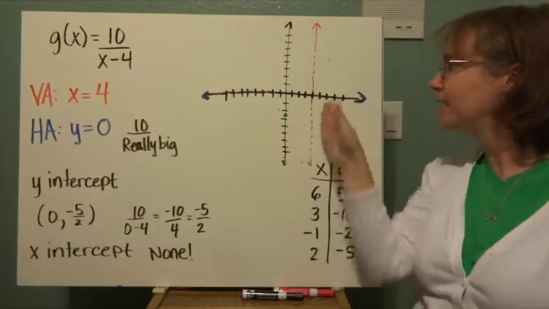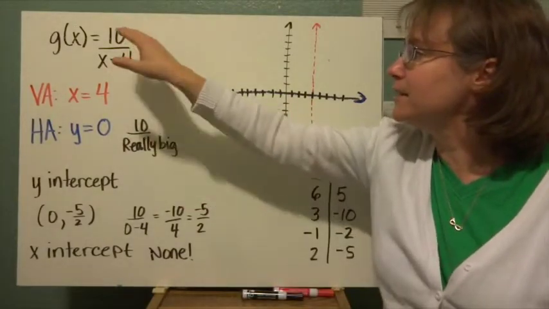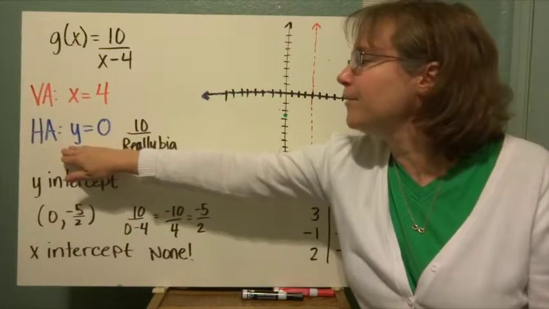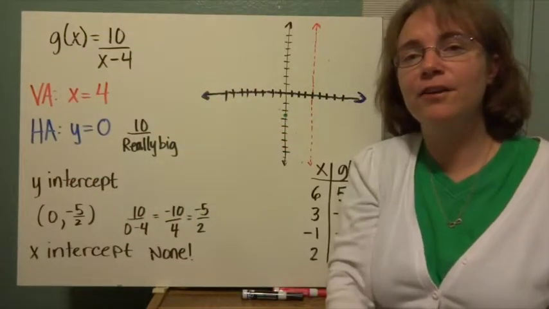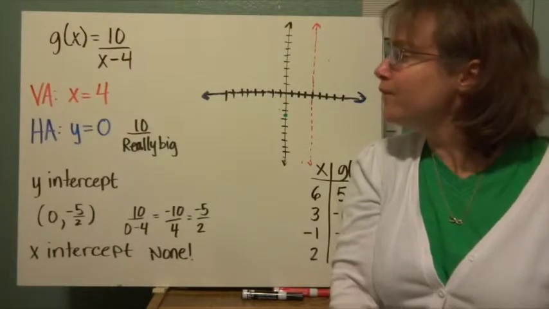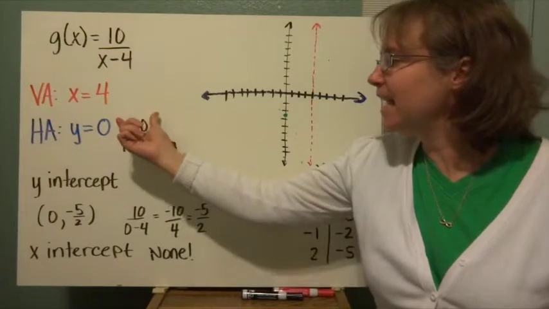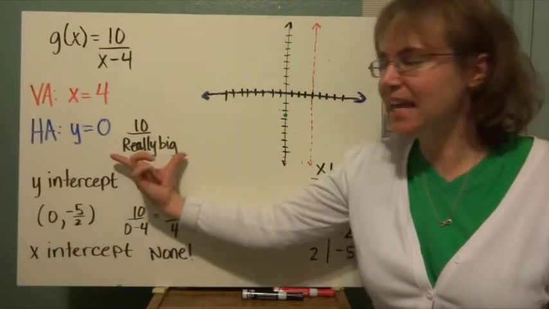And I can go ahead and draw that as a dotted line because I know that this graph is not going to cross that. Now, in looking at my horizontal asymptote, I want to look at what happens when x gets to be a very large positive number or a very large negative number. So when that happens, I have this 10 over something that's either really, really big or really, really negative.